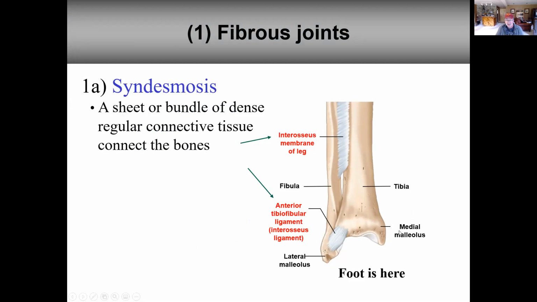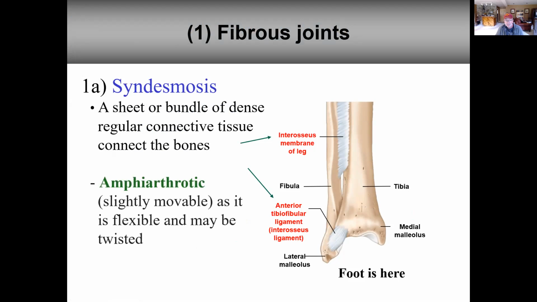Now we know it's a ligament, because it connects bone to bone, so that shouldn't surprise us, right? For whatever reason, they call this a membrane, they call this a ligament. You know, histologically, they're the same connective tissue. But here's an example of where you find a syndesmosis fibrous joint. From a functionality point of view, this is considered amphiarthrotic because it does provide some movability.